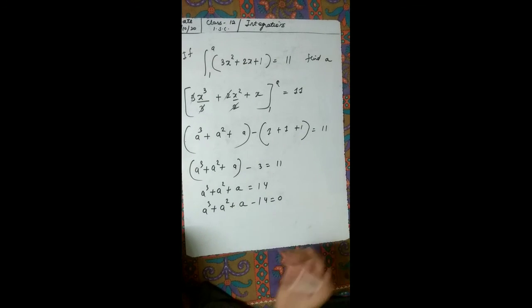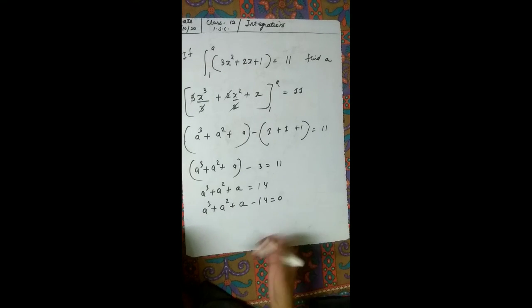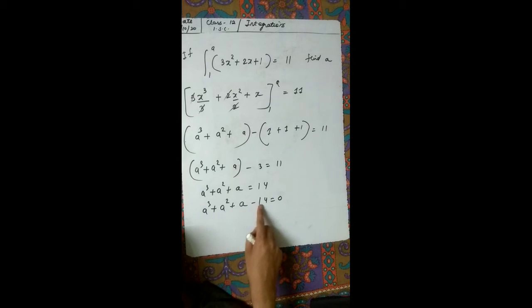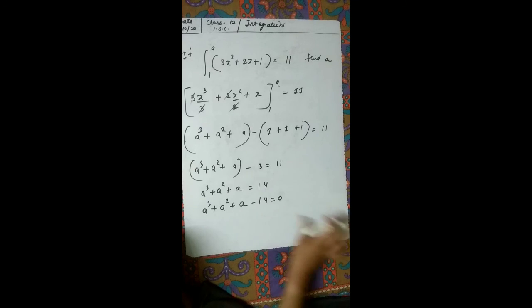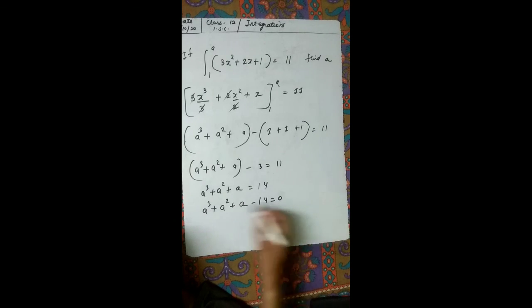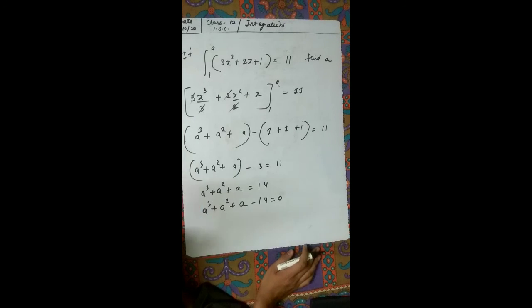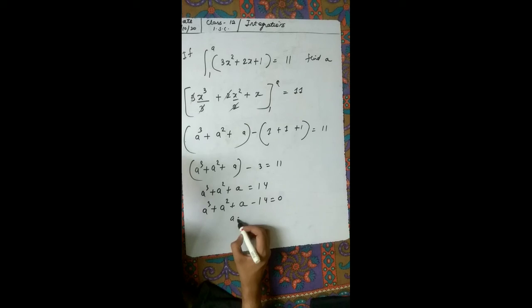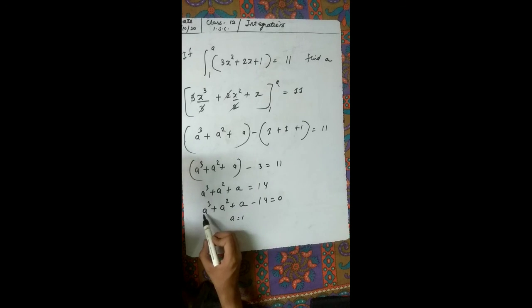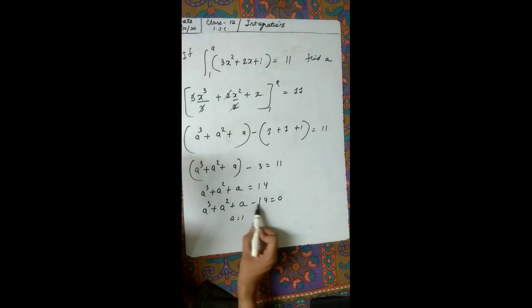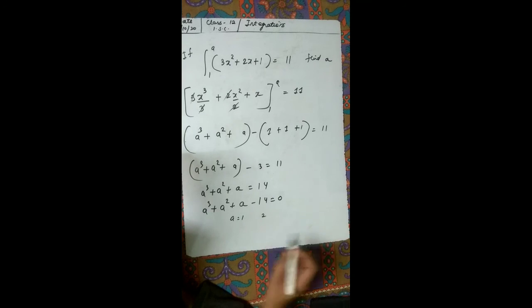Now after this, how will you do? You have to use a hit and trial method. Because this is a cube plus a square plus a minus 14, we don't have a certain method for finding the roots of this cubic equation, so we do hit and trial. So for a equal to 1, it will not be accepted, because 1 plus 1 plus 1 is 3 minus 14, no. For 2, just check.